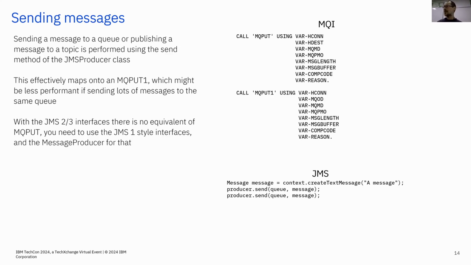It's therefore slightly less efficient, and it's worth bearing in mind that you can use the JMS 1 style interfaces to do MQOPENs and MQPUT equivalents with JMS, and that's done via a message producer object. That's an older API, still supported. It's just worth bearing in mind if you use the recommended API, you're doing MQPUT1s under the covers all the time, which does have a slight performance difference. Just again, something to watch for.